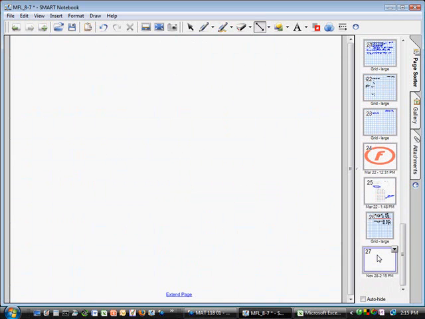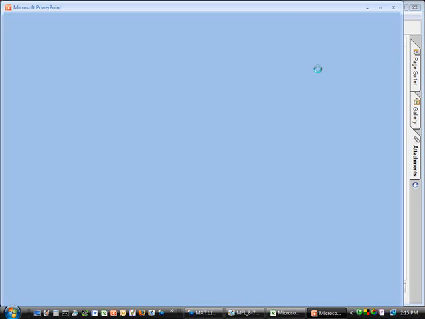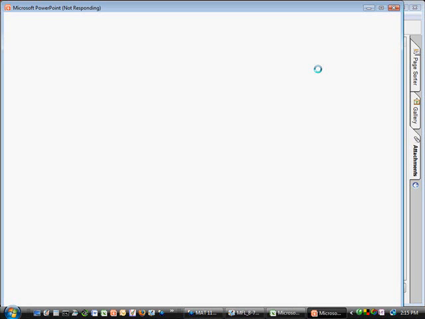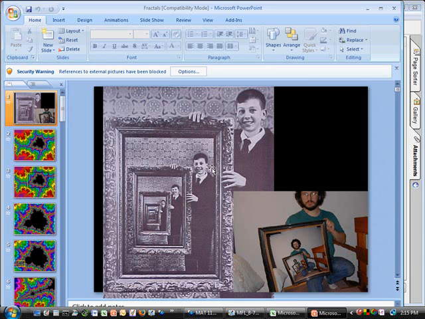Now, here we go, I think. Nope, I got to load it. It's an attachment. Yes. You're going to be really surprised at some of the fractals I'm going to show you. And I don't have a whole lot of time, so I may have to zip here. I think I've shown you this one before, haven't I? No?